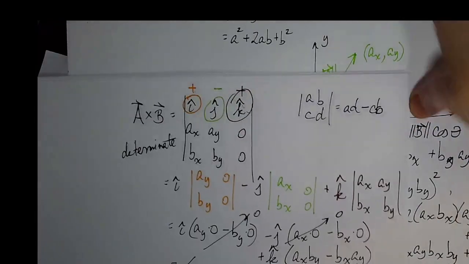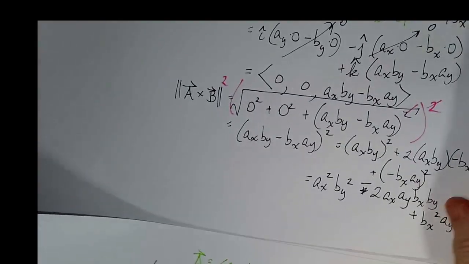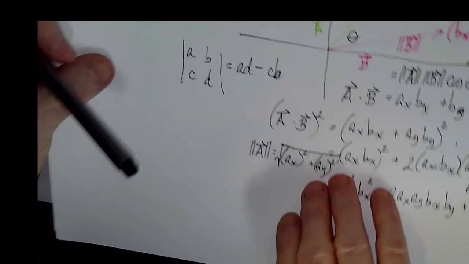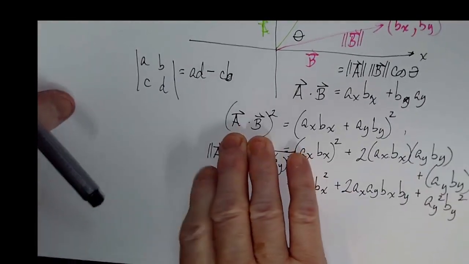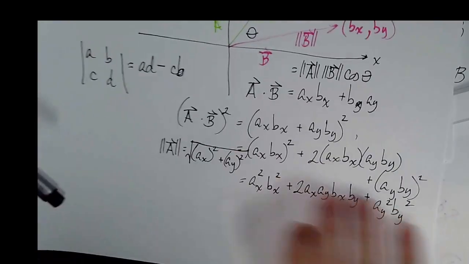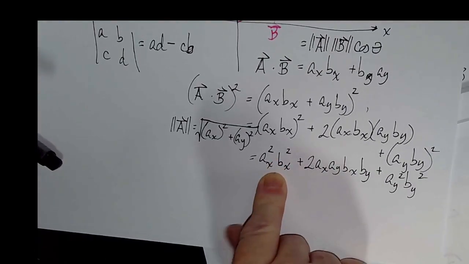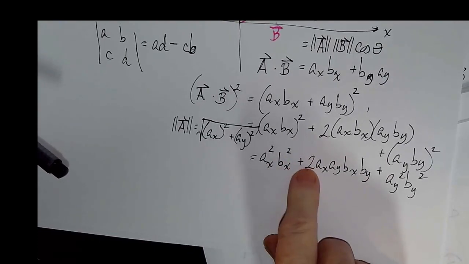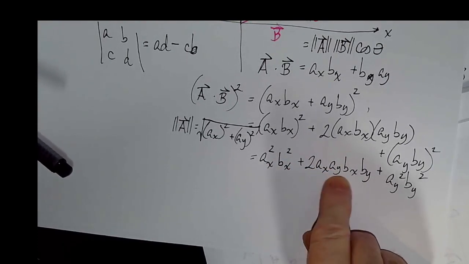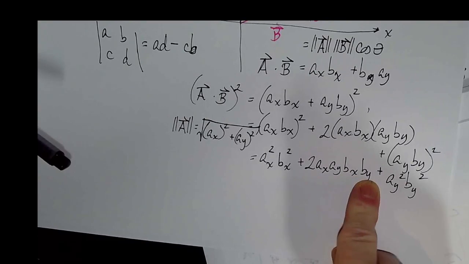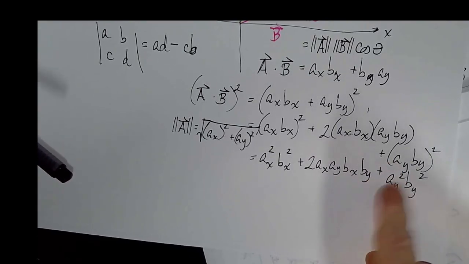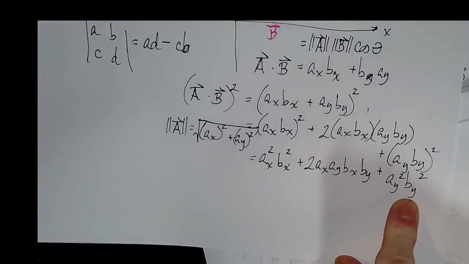And because I'm crazy this way, let's compare the magnitude of the cross product squared with the dot product squared. So we had AX squared BX squared plus 2 AX AY BX BY plus AY squared BY squared.